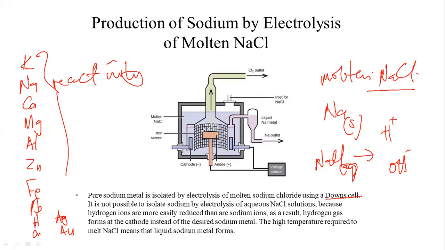Okay, but there's this separation which makes sure that the sodium solid and the gas are not interacting. Are we together? And so we saw that the path of the molten or the liquid sodium was passing through this direction, coming downwards like that. And the chlorine gas was moving this direction.